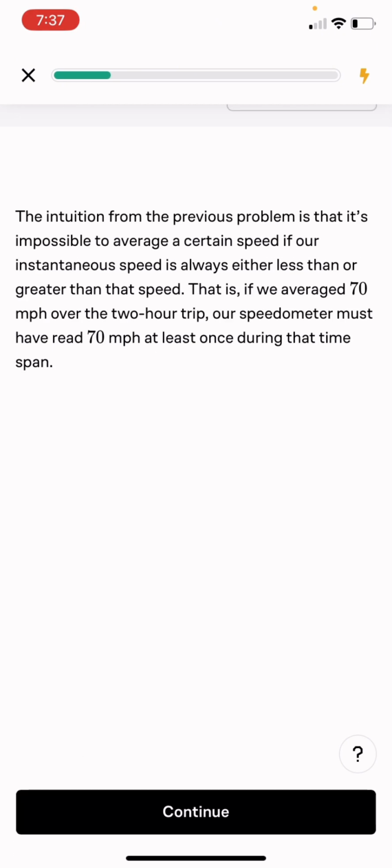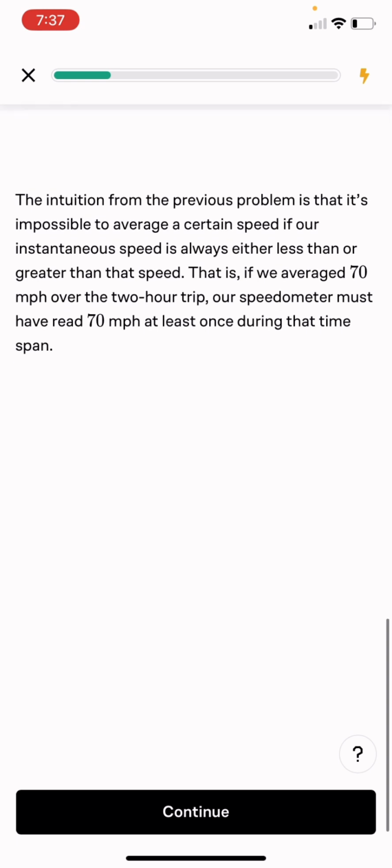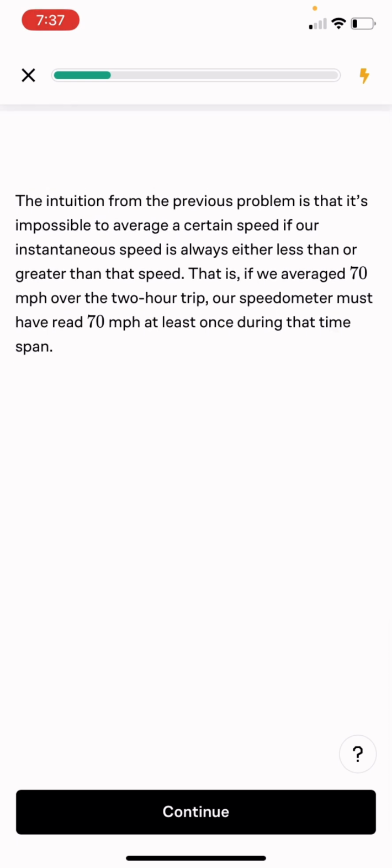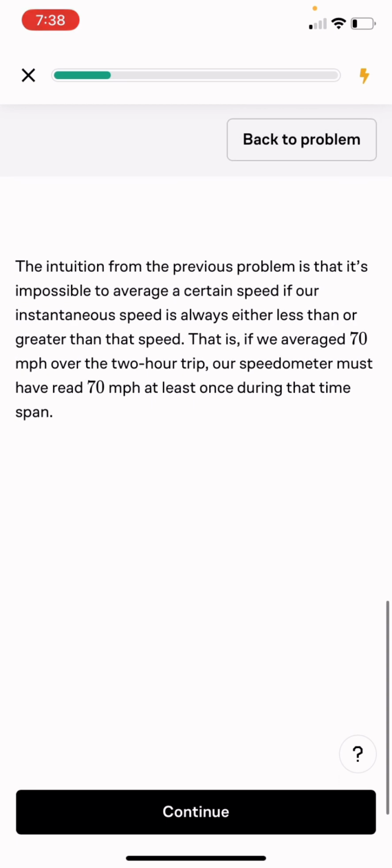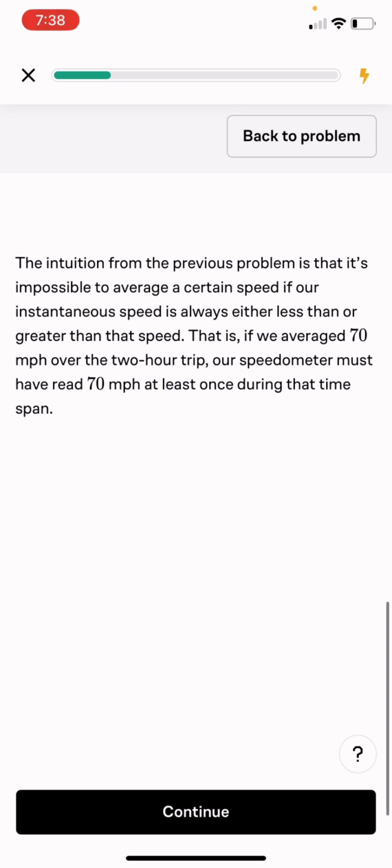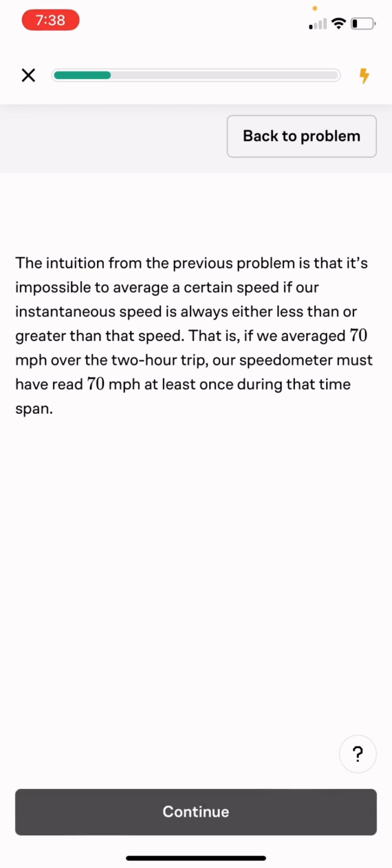If the average rate of change of a function f of x between x equals a and x equals b is s, then there must be at least one point c between a and b where f prime of c equals s. This statement is called the Mean Value Theorem. Mean is just another word for average, or MVT for short.